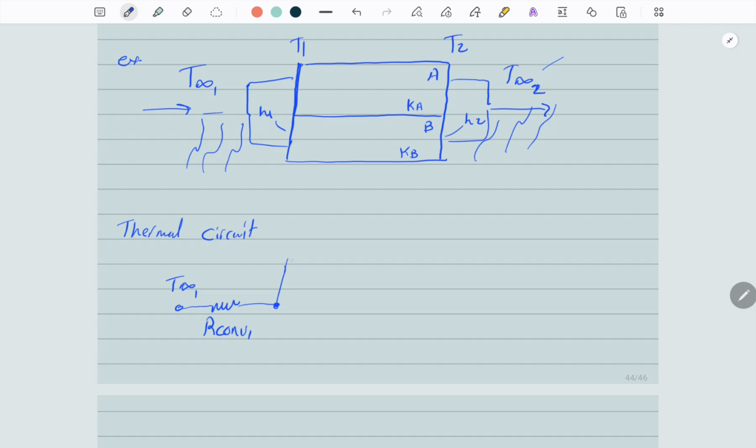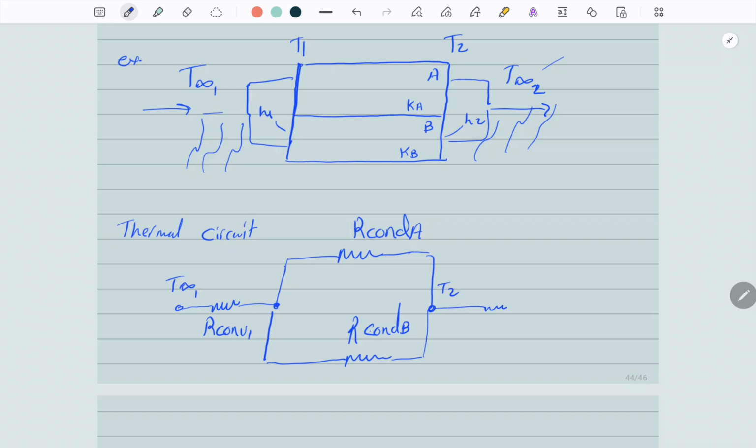One goes through material A, which runs through a resistance of conduction A. The second path goes through material B, which runs through a resistance of conduction B. They're joined again at node 2, which is T2.